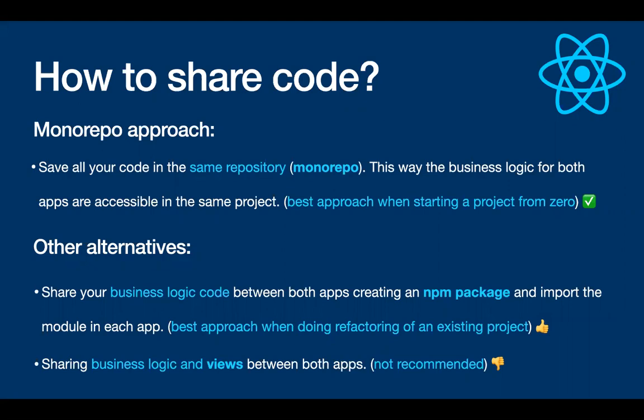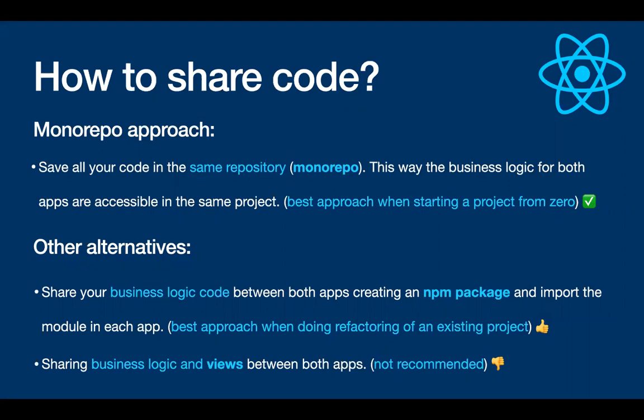And a third way of doing it, I think there are many other ways, but these are the ones that I've been researching, is sharing the business logic and the views between both apps. I had mentioned this before, but as you may know, React and React Native have different syntaxes for the views.